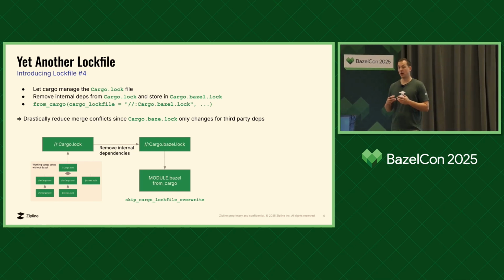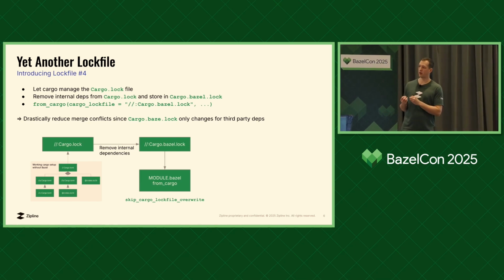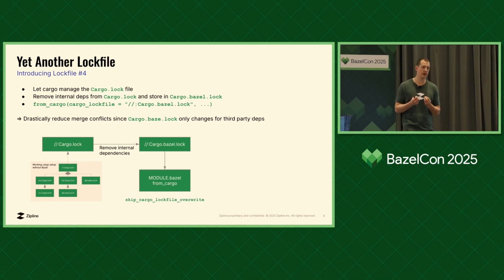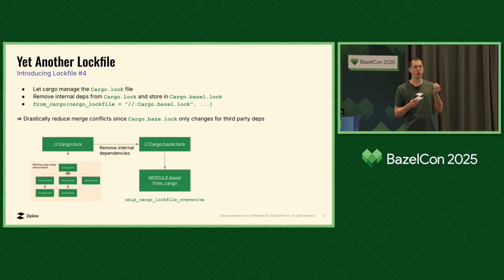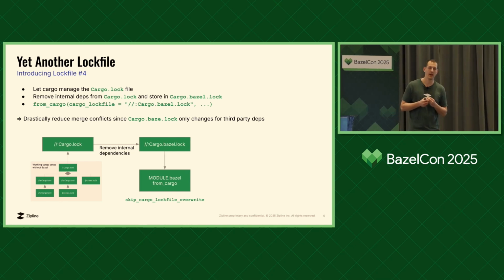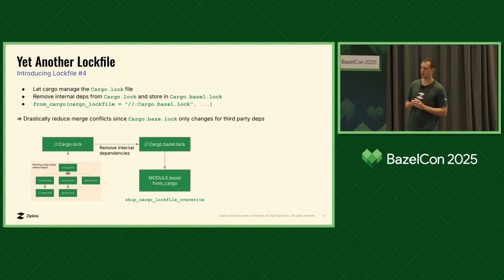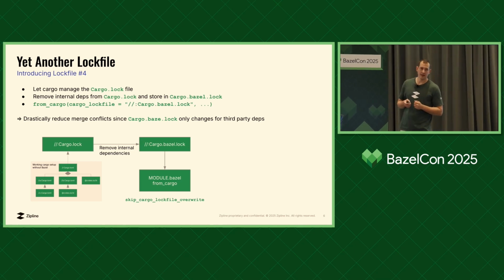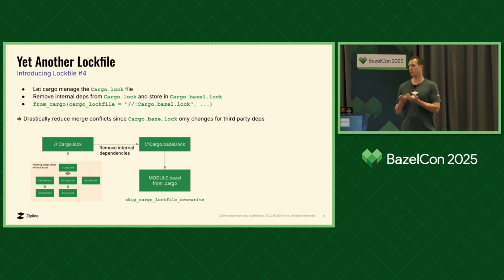And now rules Rust offers you the option to say, please write back only the third-party dependencies. So basically, rules Rust will again do cargo splicing, but then before writing back the cargo.lock file, it will remove all the internal dependencies and just store the third-party dependencies. So it's an opt-in feature if you want to try that. And with that, we again get the ability to bring the module.bazel.lock file back into version control, and with that, reduce how often we need to run cargo splicing.